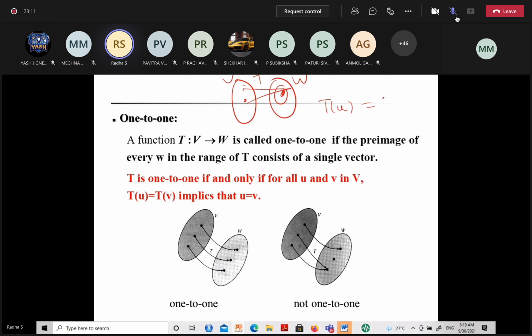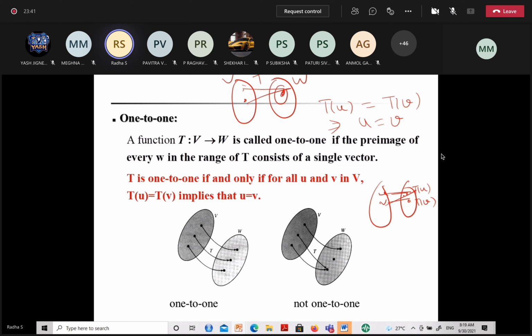Whenever T of U and T of V are same, the only possibility is that U and V are same. If T of U equals T of V, then U equals V. Suppose two elements have the same image. This is U, this is V. This has image T of U and this has image T of V, and I am saying T of U and T of V are same.